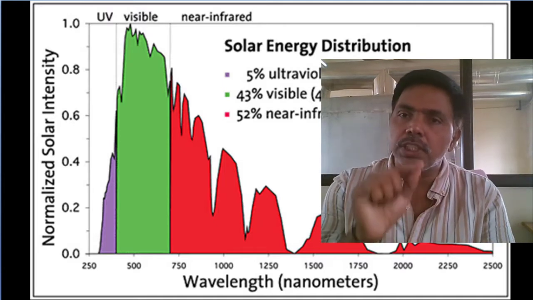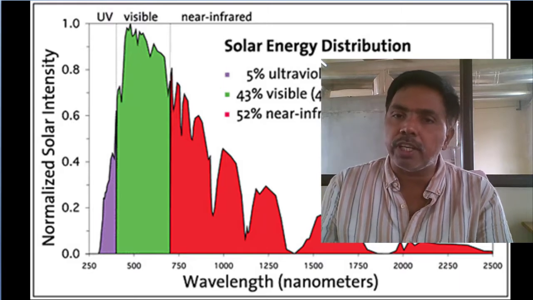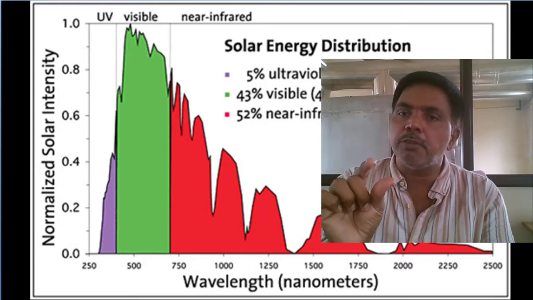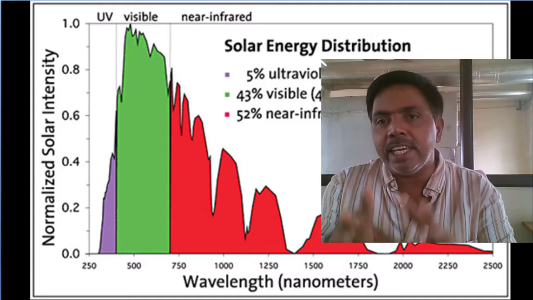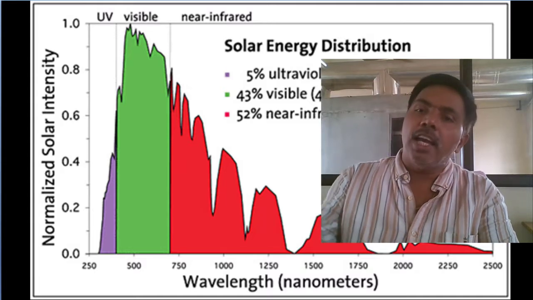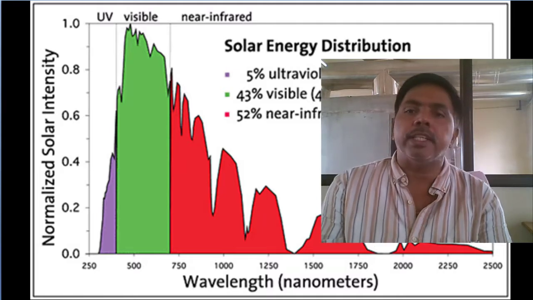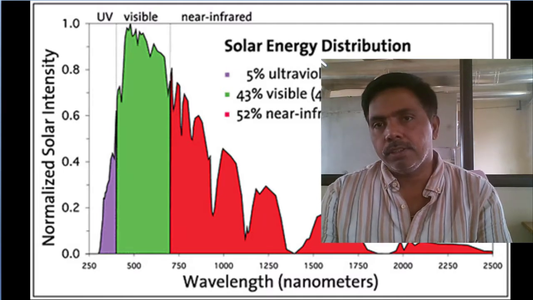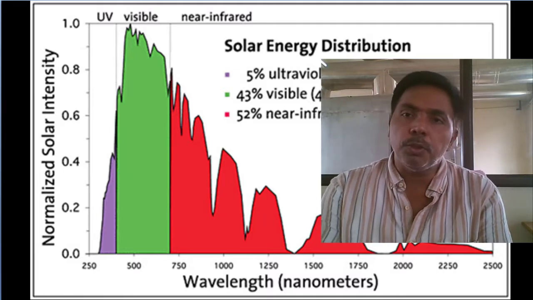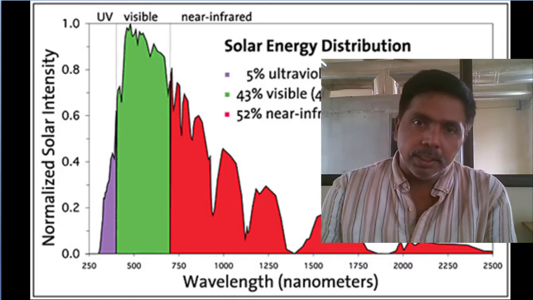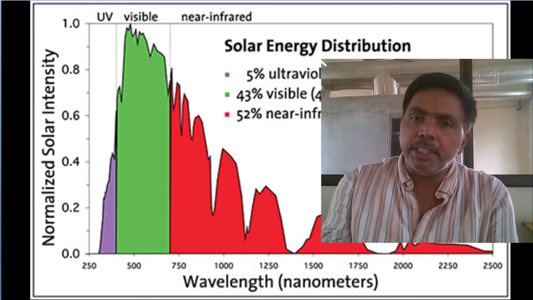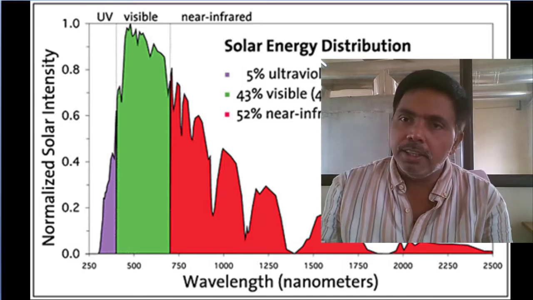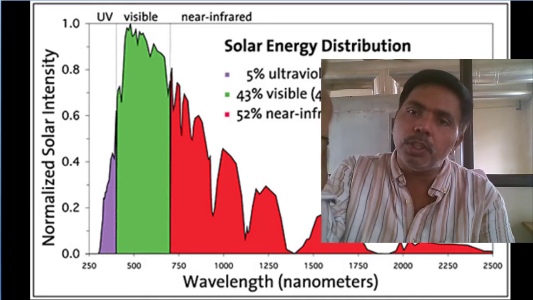Out of 1353 watt per meter square, only 43% of the energy is input. The remaining solar radiation indirectly reduces the efficiency of the semiconductor. This is the point we want to concentrate on. Any person claiming my PV panel efficiency is 90% or 80% is making a flaw. If the input itself is 43%, how will you get 90%?